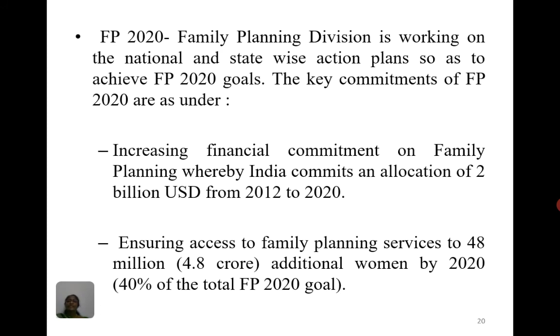Family Planning 2020. Family Planning Division is working on the national and state-wise action plans so as to achieve Family Planning 2020 goals. The key commitments of Family Planning 2020 are increasing financial commitment on family planning, whereby India commits an allocation of 2 billion USD from 2012 to 2020, ensuring access to family planning services to 48 million, that's 4.8 crore additional women by 2020.